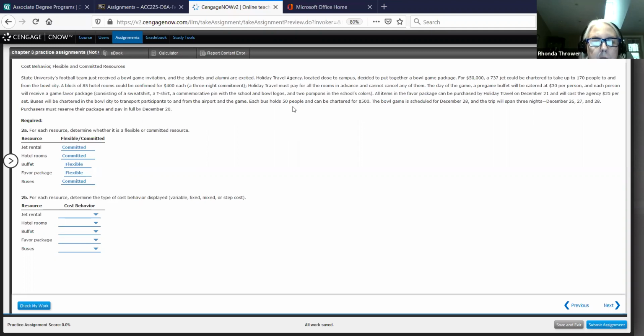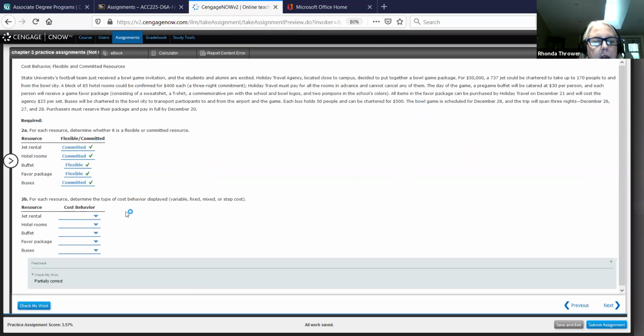If 30 people get on the bus, they still got to do it. So there might be some unused portion left over in there, and it is committed. So I'm going to check my work just to make sure that everything's okay here, and you can see that it is. Now, for each of those resources, determine the type of the cost behavior displayed.